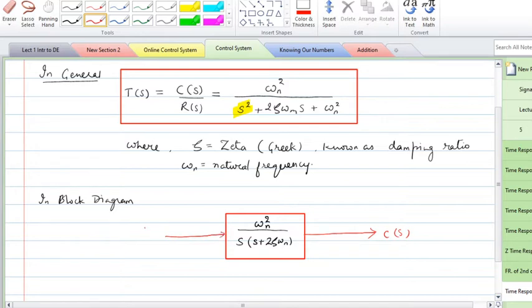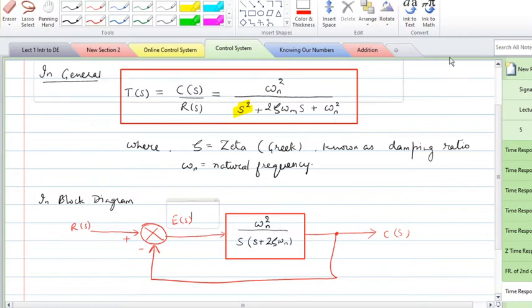This is your summing box. Here R(s) is the input with plus sign and a unity feedback. Okay, so in this way this becomes your signal E(s).